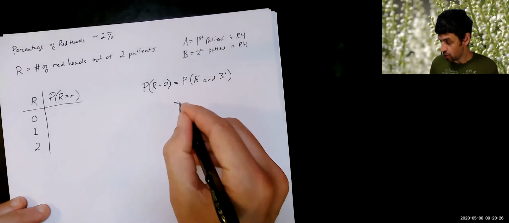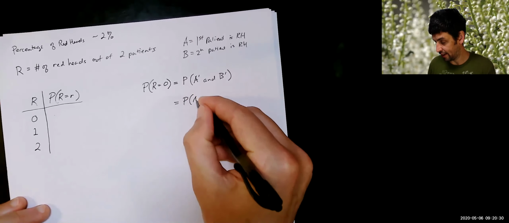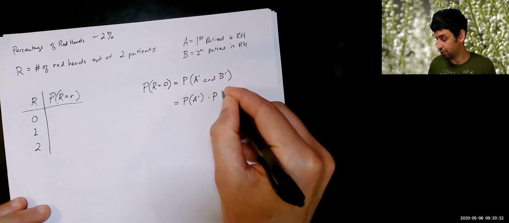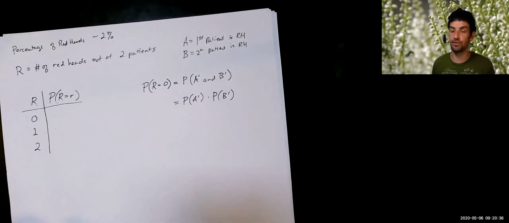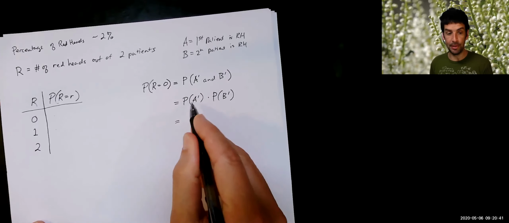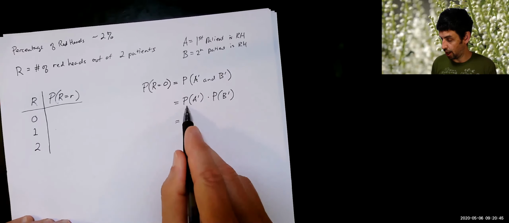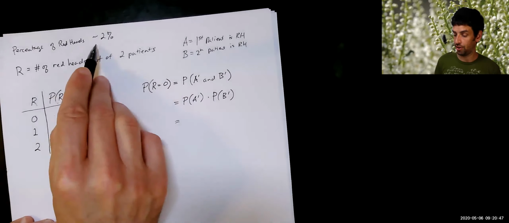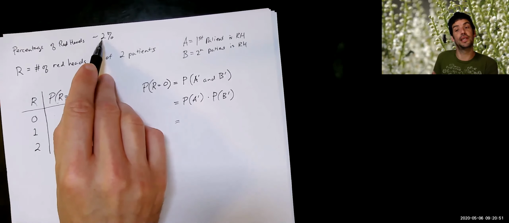We can use our multiplication rule, since I said these are independent events. Having one redhead doesn't change the probability of having another one, since we're assuming that the scheduling is totally random. Then the probability of a person not being a redhead means, well, we're saying 2% of all the people are redheads.